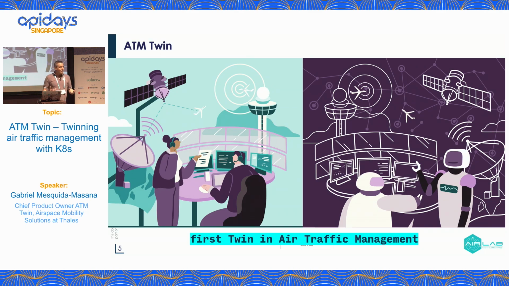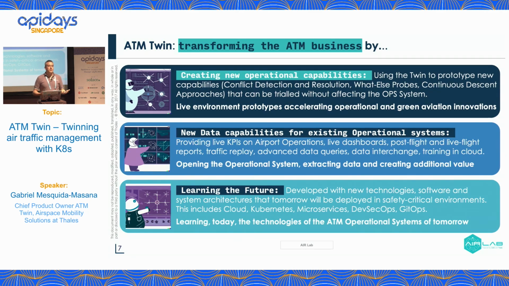So you cannot innovate, you cannot do a lot of things that you could do in whatever other sectors you're working. So our need was to accelerate innovation, transforming the ATM business, trying to use APIs for the first time in aviation.